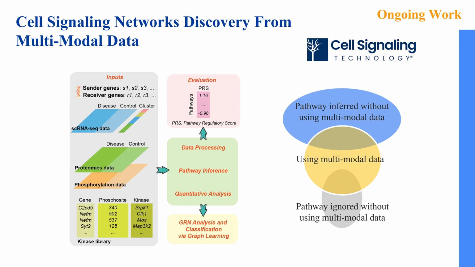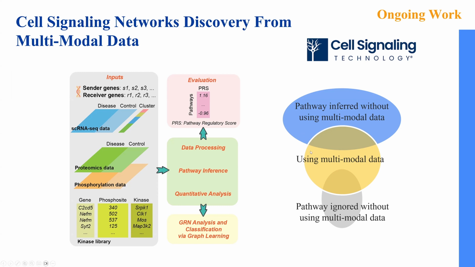Using multimodal data, for those pathways that are highly expressed in single-cell RNA-seq data but not active at the proteomics or phosphorylation level, we call that a false positive, right?